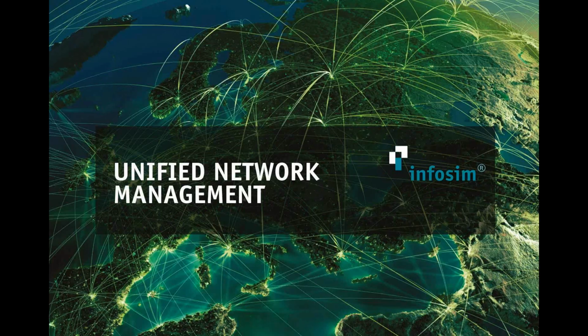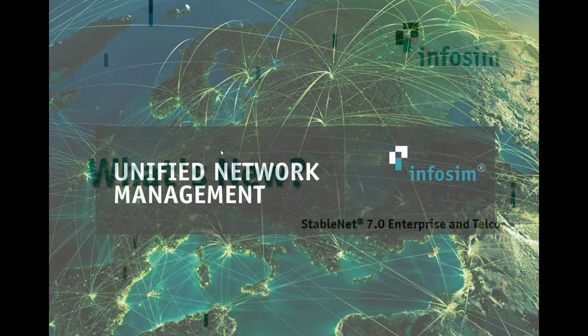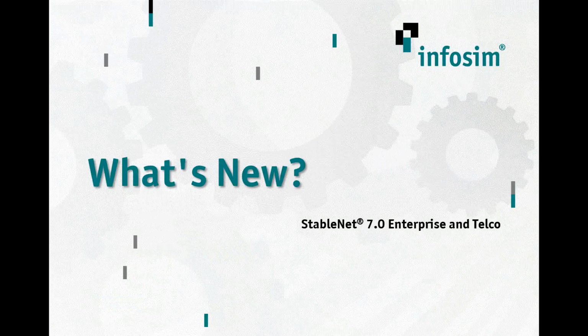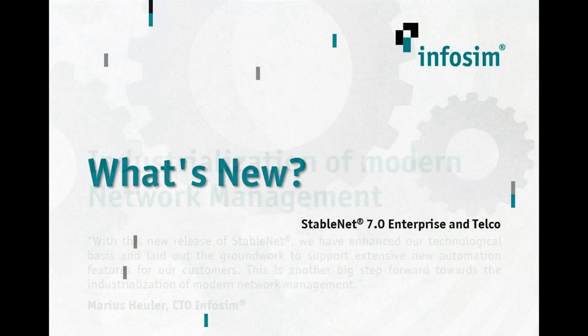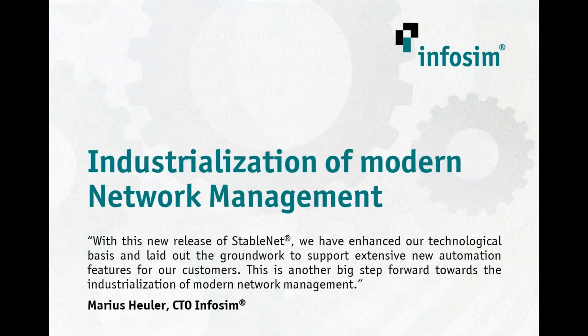Thank you, Dietmar. Again, welcome everybody to our webinar on what's new in StableNet version 7.0 Enterprise and Telco. As our CTO Mario Heuler states, this version is another big step forward towards the industrialization of modern network management.